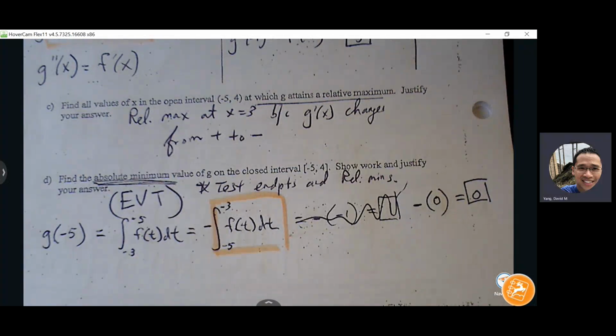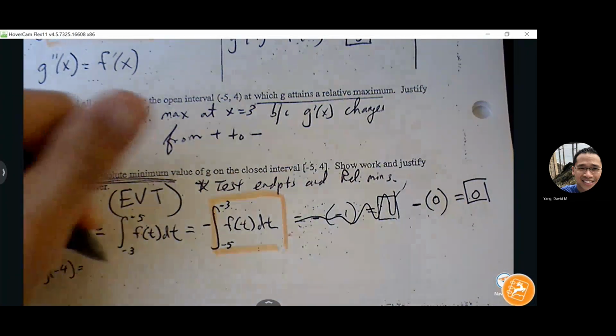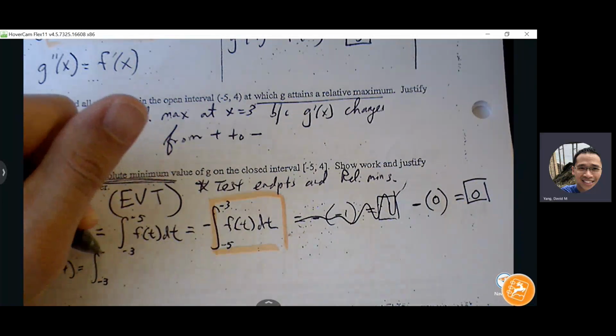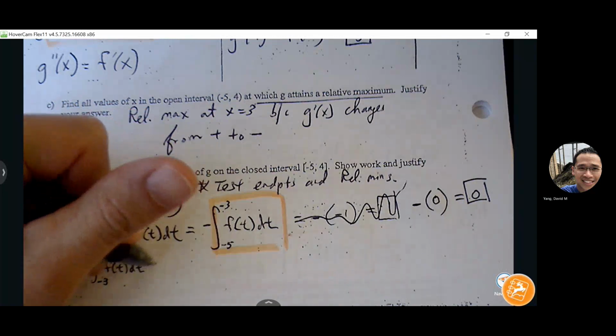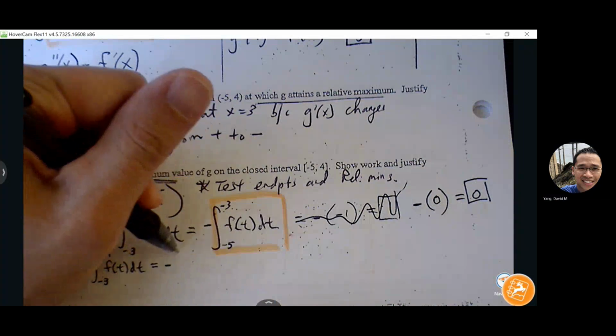Okay, next up, g of -4. Integral from -3 to -4. Again, what do you notice about the bounds? Yeah, it's backwards, right? So I'm going to flip the bounds.